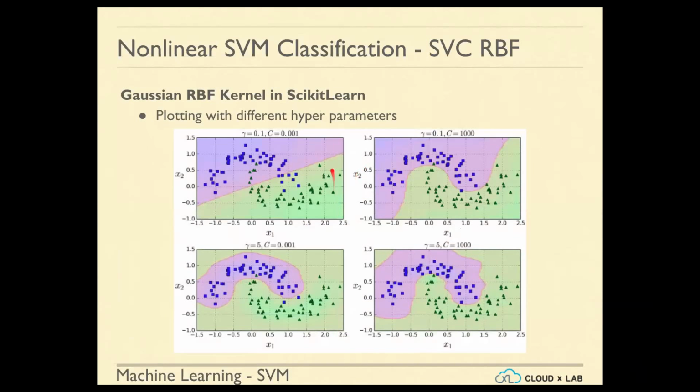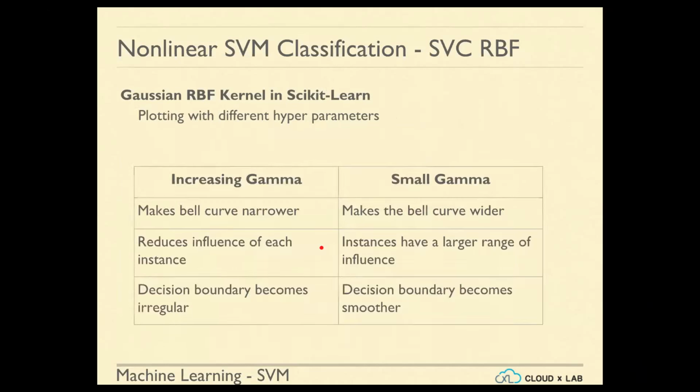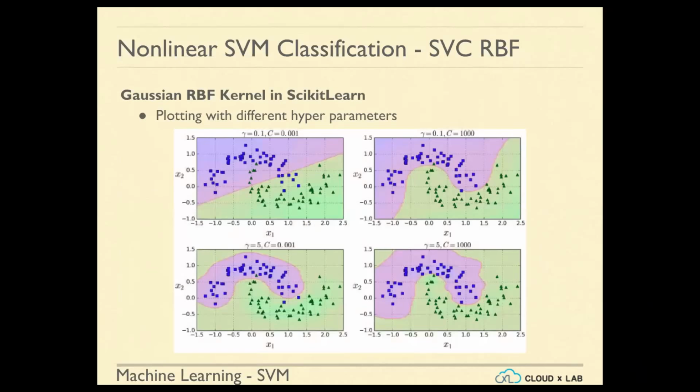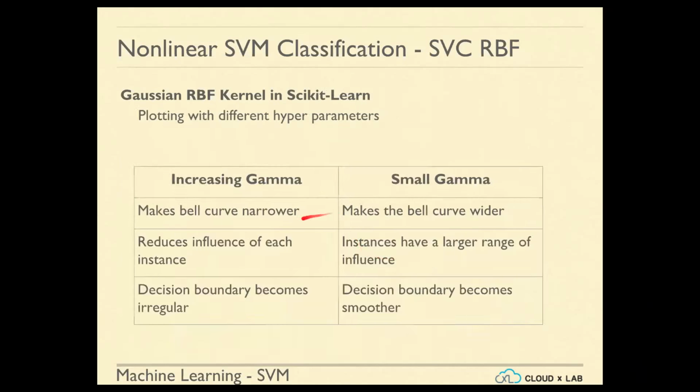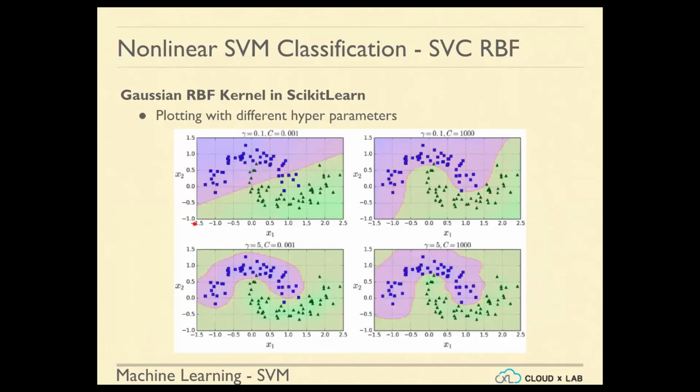We talked about how increasing gamma made it round, and so on. We talked about different parameters. When we increase gamma, it makes a bell curve. When we increase gamma from 0.1 to 5, this is a better example to compare. Increasing gamma makes the bell curve narrower, right?